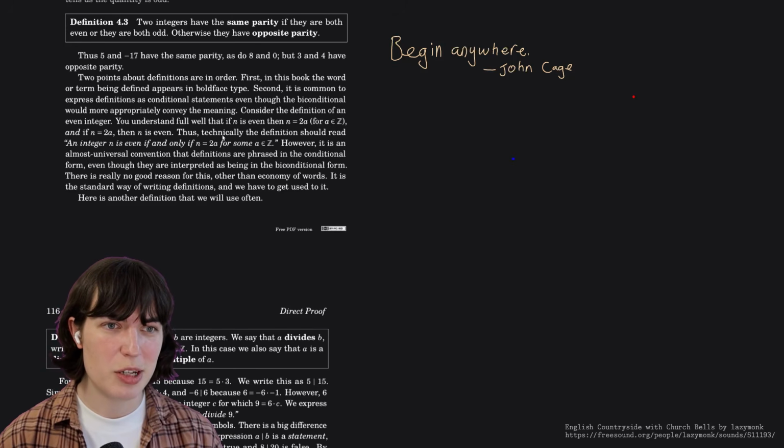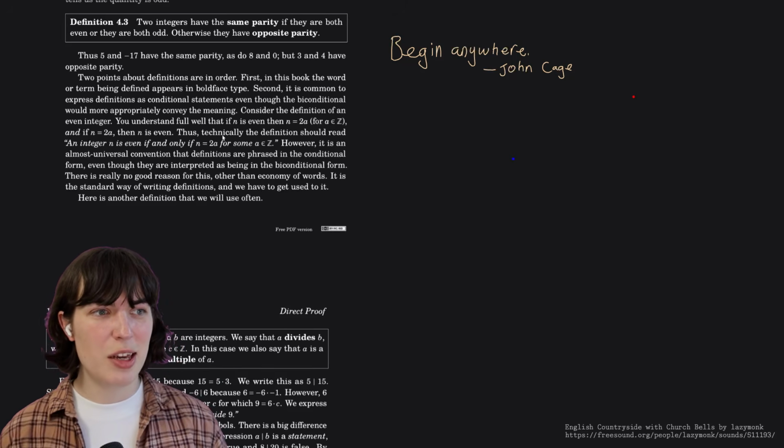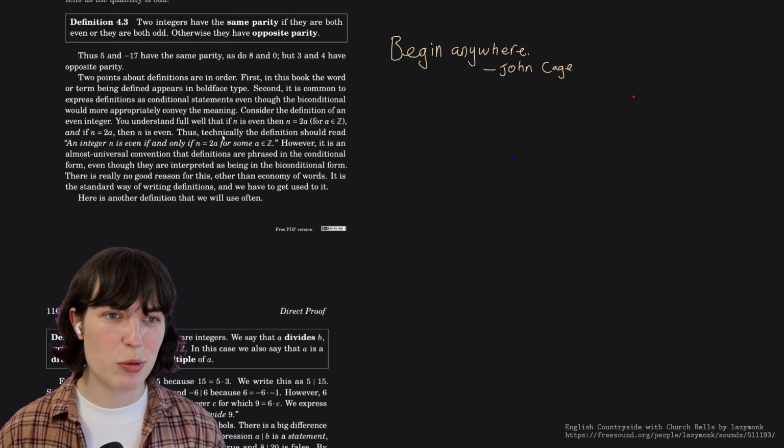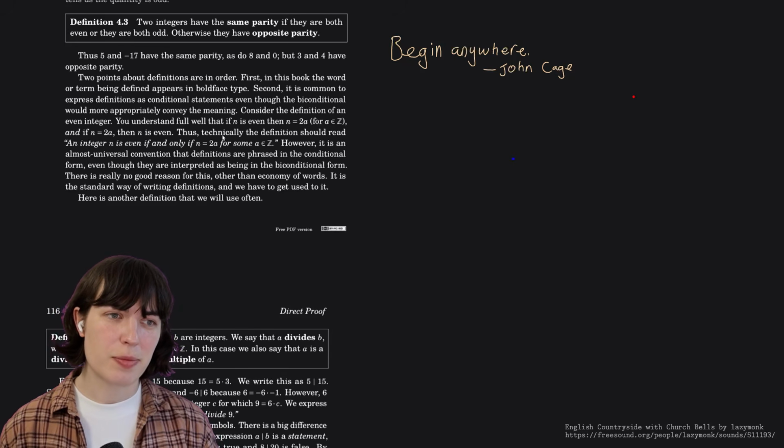Two points about definitions are in order. First, in this book, the word or term being defined appears in boldface type. Second, it is common to express definitions as conditional statements, even though the biconditional would more appropriately convey the meaning. Consider the definition of an even integer. You understand full well that if n is even, then n equals 2a for a in the integers, and if n equals 2a, then n is even.